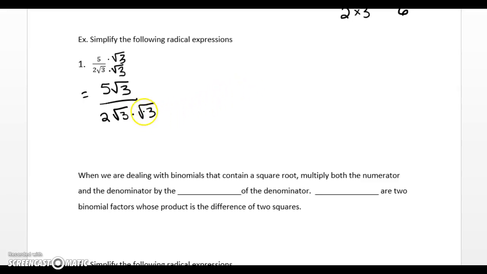Now here you have square root of 3 multiplying by itself, and that right there is the definition of a squared term. It means that it's multiplying by itself. So we can rewrite this fraction with the square root of 3 itself squared.